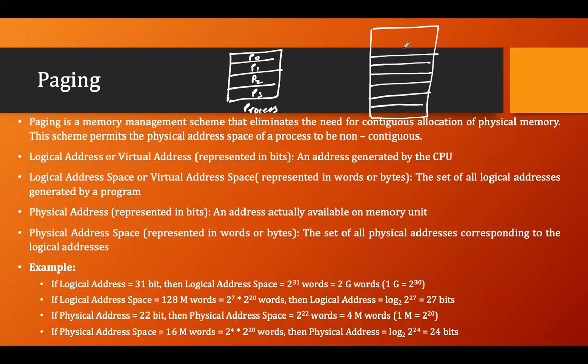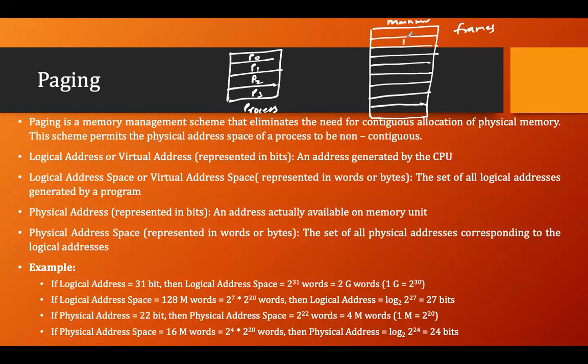So what we do here is we divide the process into a number of pages, and the main memory is also divided into a number of partitions, which are called frames. Let's say this is one page, so the page size and the frame size will be the same, so that these pages can be accommodated.